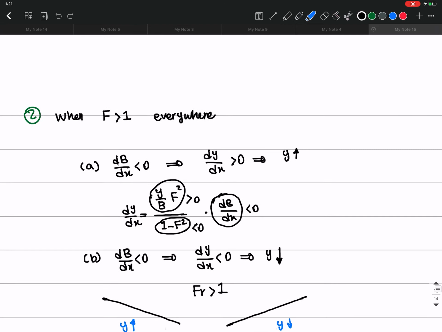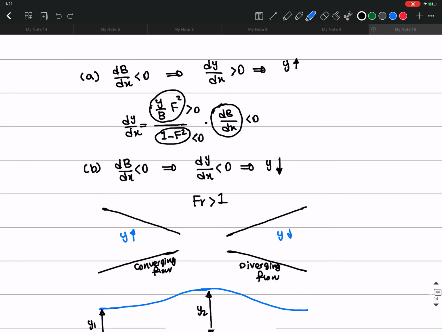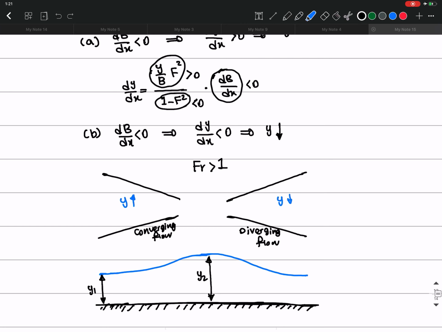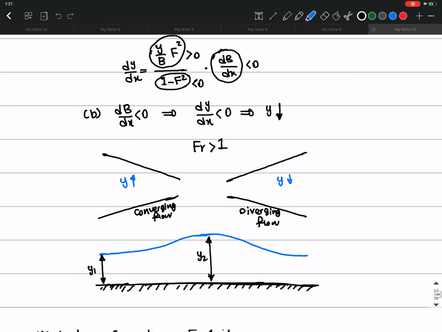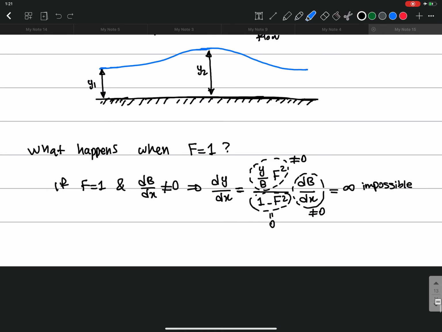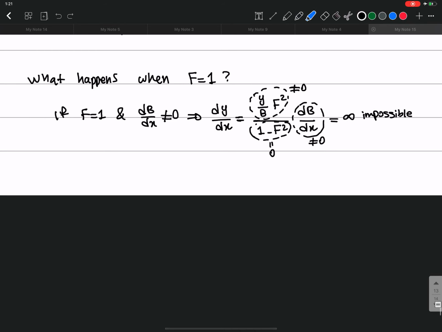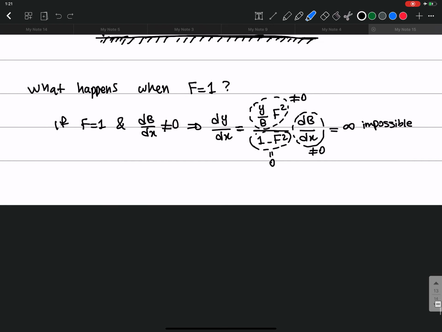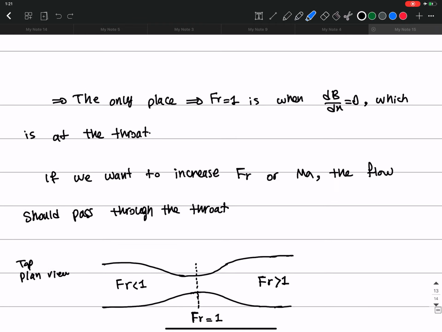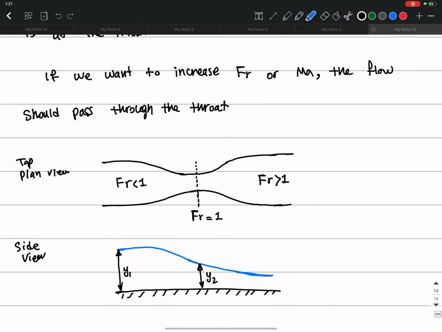When the flow number is greater than 1 everywhere, we have the opposite behavior: y increases in a converging flow, and when the flow is diverging, the depth of the water decreases. Then we investigated what happens if the flow number equals 1, and we said it's impossible everywhere except the throat. And we mentioned we can use this type of channel to convert a subcritical flow to a supercritical flow, unlike hydraulic jumps. Okay.